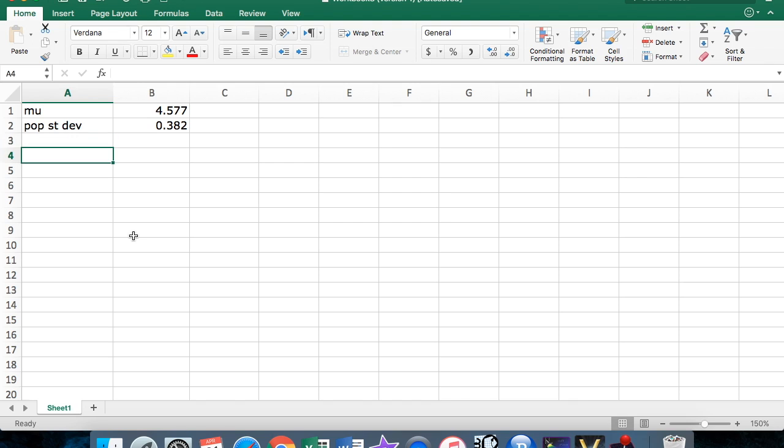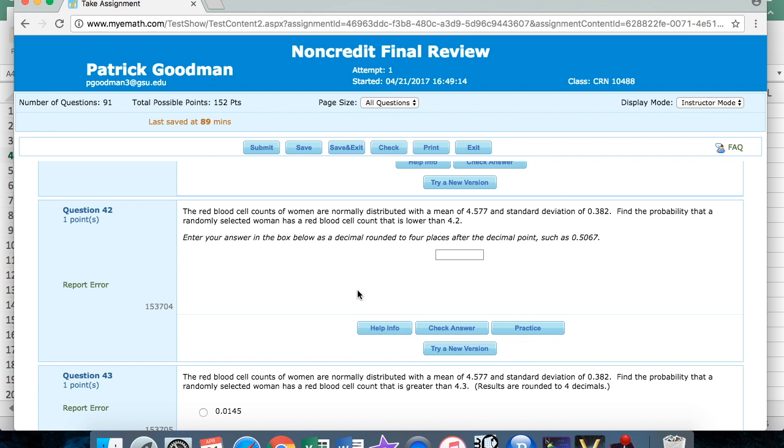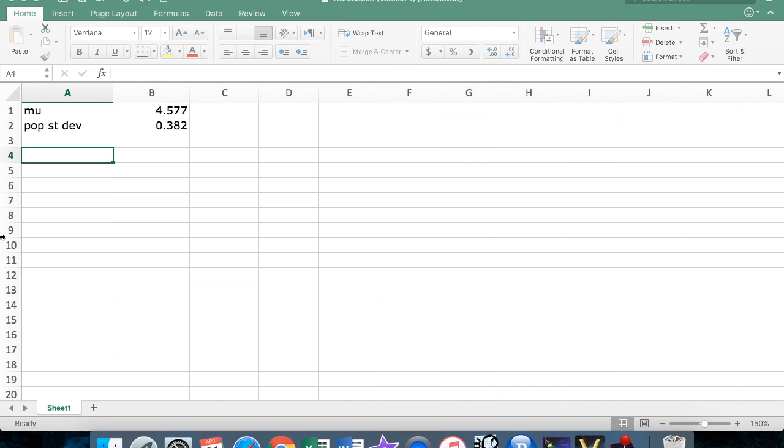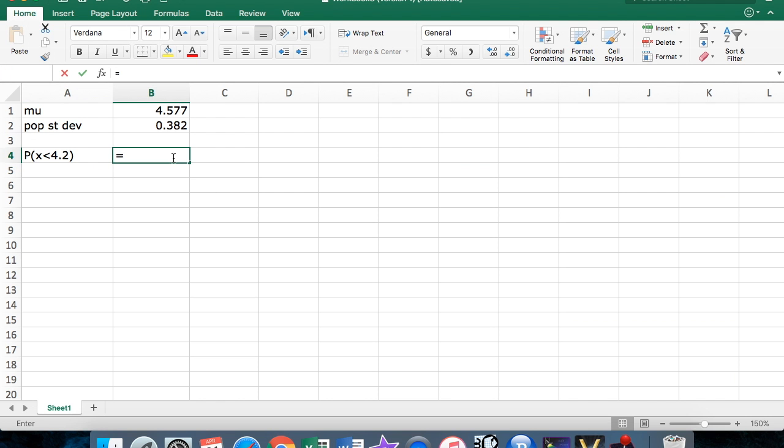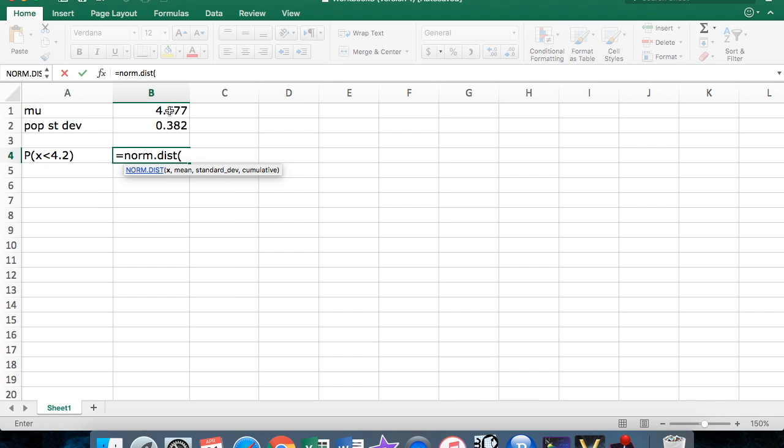Okay, so that's it. The probability that a randomly selected woman has a red blood cell count less than 4.2, so the probability that X is less than 4.2. So here we go. It's norm.dist. Here's your X value, 4.2, the value you want to find the probability around. Your mean is 4.577. Standard deviation is this one. Use the population because our sample size is 1, so we're not taking a sample out.